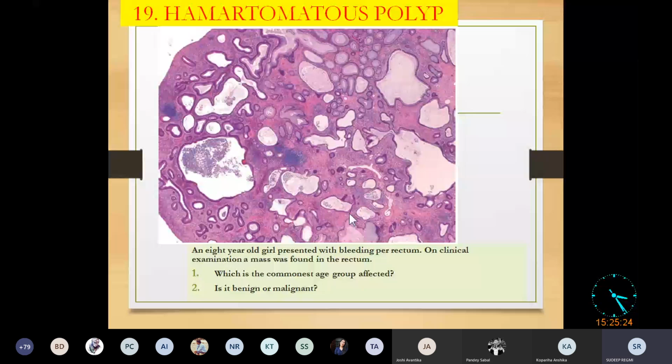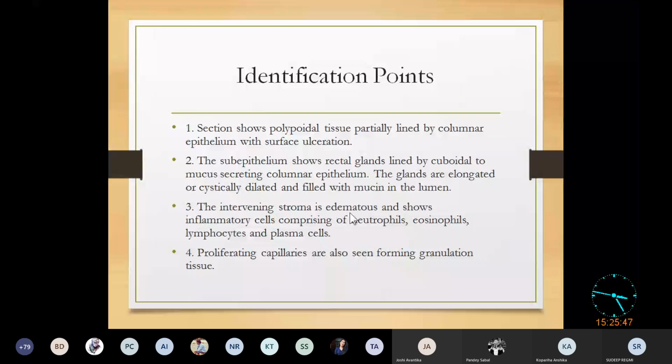But what are the features in favor of juvenile polyp of the rectum? Now can you say?